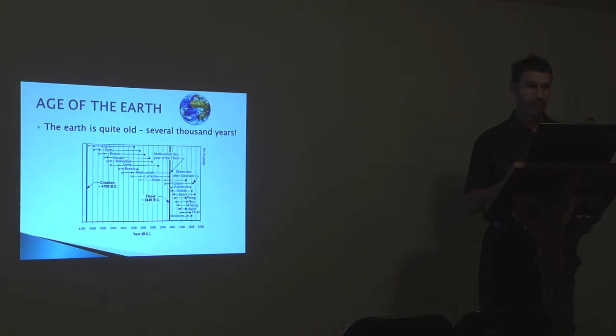What did you say Asher's was? The one author's name is Usher. I think he was a clergyman anyway, but he worked it out using the genealogies from the Bible.